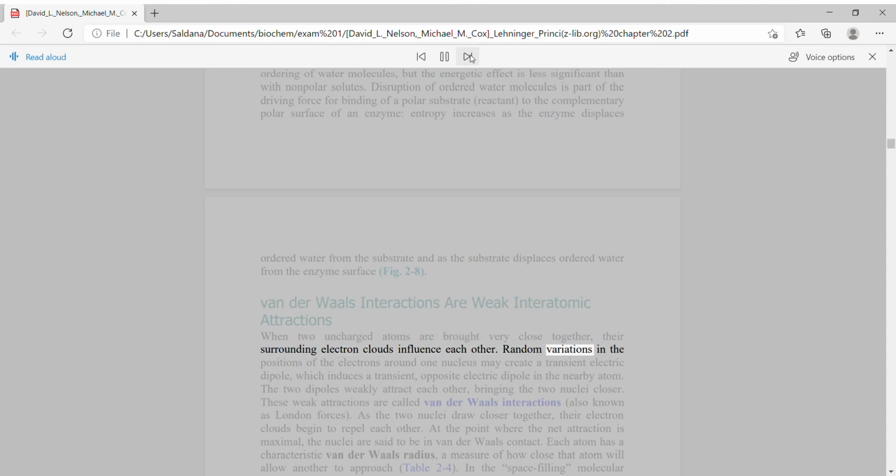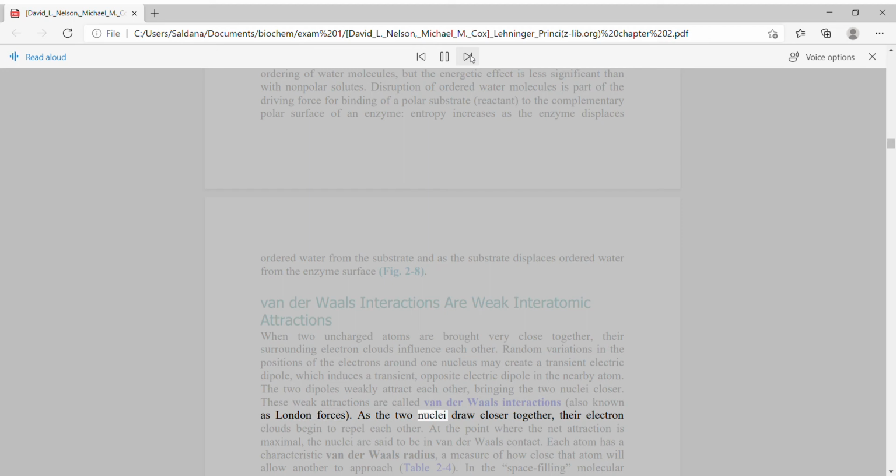Random variations in the positions of the electrons around one nucleus may create a transient electric dipole, which induces a transient, opposite electric dipole in the nearby atom. The two dipoles weakly attract each other, bringing the two nuclei closer. These weak attractions are called van der Waals interactions, also known as London forces.